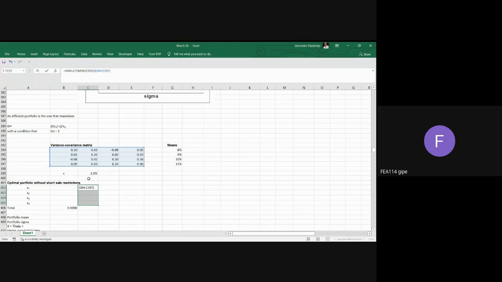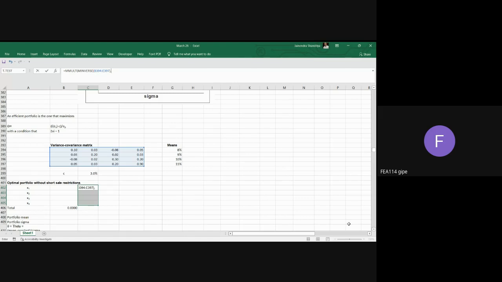Can you see my screen? Yes, sir. I don't know why this tab is not working for me. Just bear with me, let me try some other way.